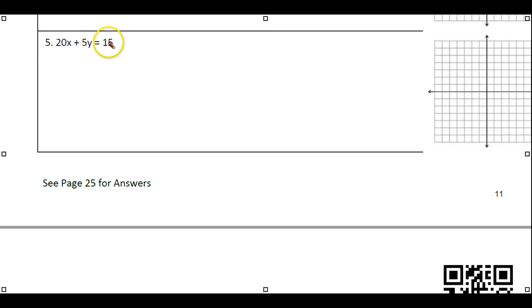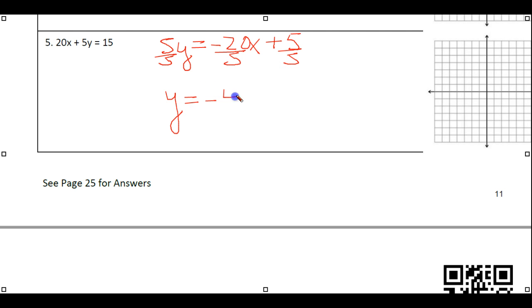Now again, we're going to get a fraction here, so let's solve for y. So we have 5y, transpose this to the other side, a negative 20x plus 15. Divide every term by 5. We get y equals a negative 4x plus, I forgot to put a 1 there, 3.